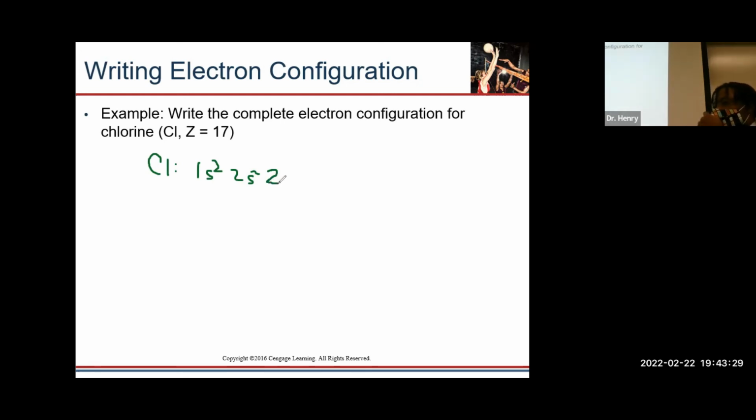You have 2s, and then you have 2p6. Okay, 2p6, and then 3s2, then 3p5.